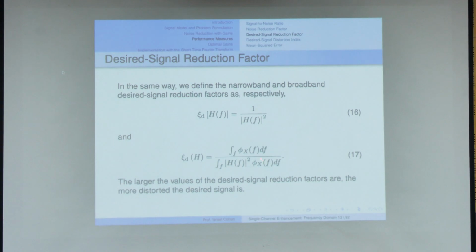And just like in the time domain, we want the noise reduction factor to be as high as possible, which means that we reduce as much noise as possible. And we want the desired signal reduction factor to be close to 1. If it's high, it means that we have more distortion. If it's close to 1, it means that we have less distortion.